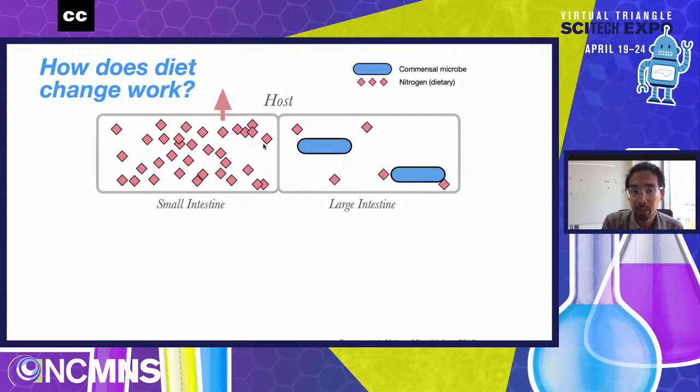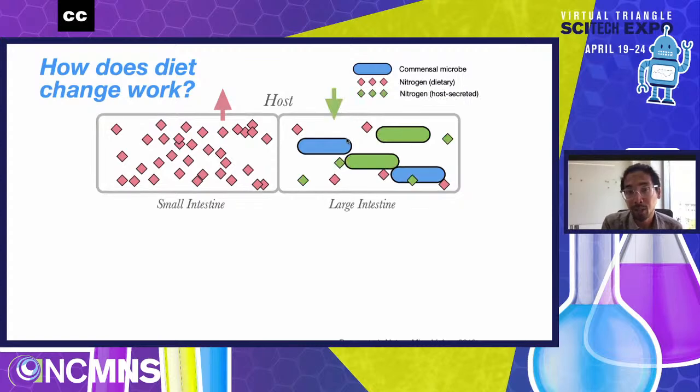And then some of it, though, actually makes it through to the large intestine, where commensal microbiota, or that means bacteria that normally live inside of us and we don't think cause infection or cause harm, can live off those nutrients. But because there's actually not quite enough of it, it turns out that we've also discovered that we, the host, actually give back some nutrients to bacteria in the gut, and that makes up for the fact that not enough of it is coming through and that we are absorbing most of it.